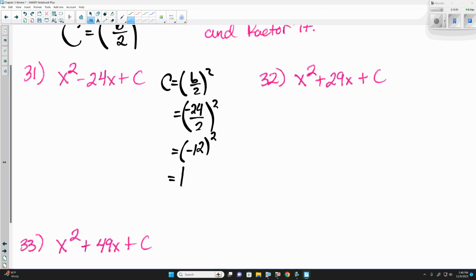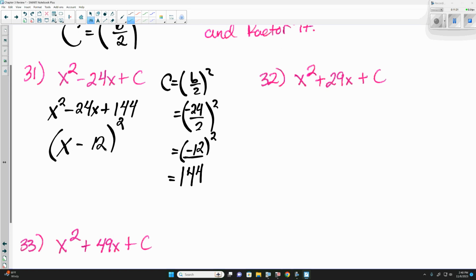Negative 12 squared is 144. So our trinomial, our three-termed polynomial, is x squared minus 24x plus 144. Now, when we factor this, we have a set of parentheses squared with x. The number that goes inside is our minus 12, because we put the number that was inside the parentheses before we squared it in finding C, giving us x minus 12 squared. That's it.